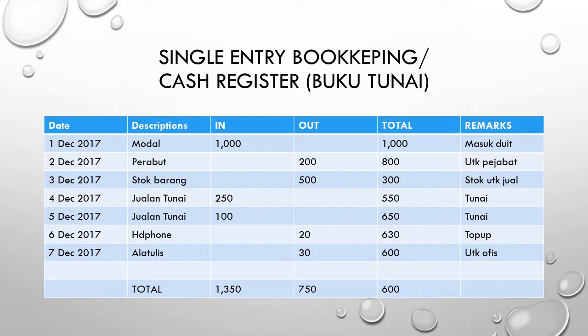And on the following day, we purchased top up for a handphone for 20 ringgit, so the amount has decreased by 20, so now it's 630. And on the 7th, we purchased stationery for 30 ringgit, so the amount now is 600. Okay, at the very last row, these are totals, so it just helps us to check whether the amount that we have calculated is correct.